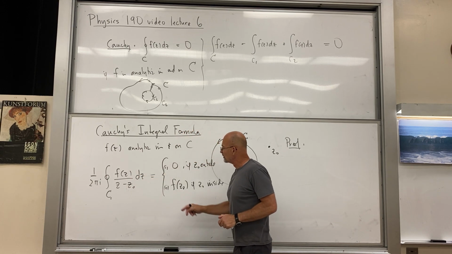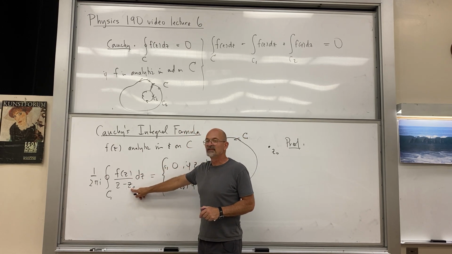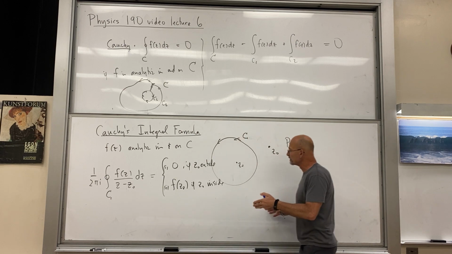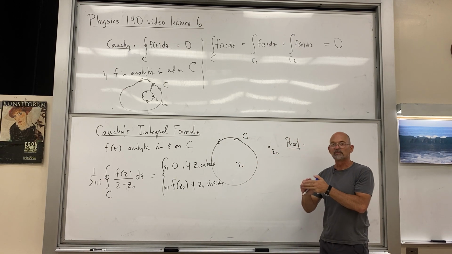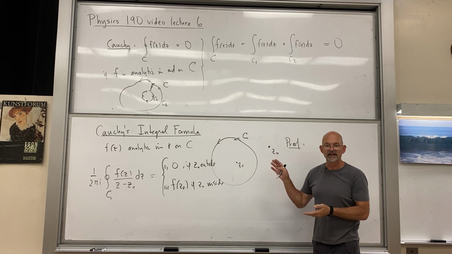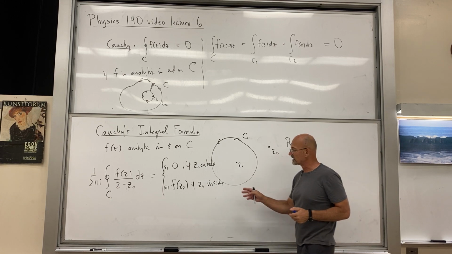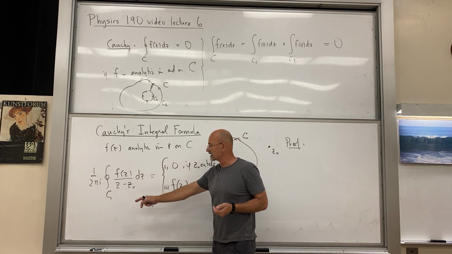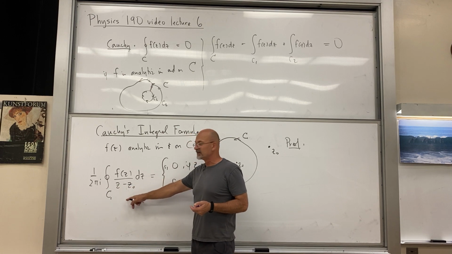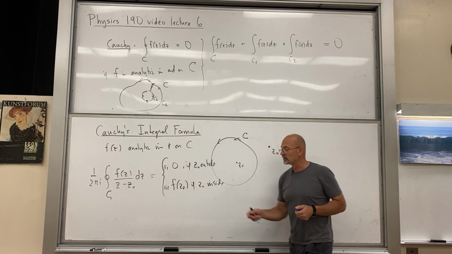And 1 over z minus z sub 0, we're just multiplying these two analytic functions. The product is also analytic, differentiable, no problem. You can just literally take derivatives. The derivative of 1 over z minus z sub 0 is just the standard derivative.